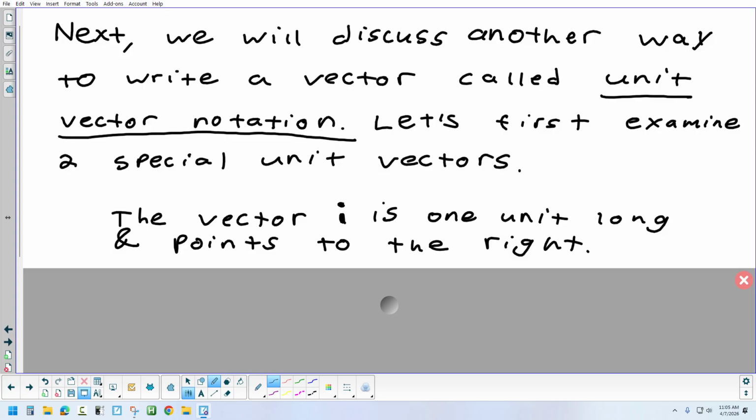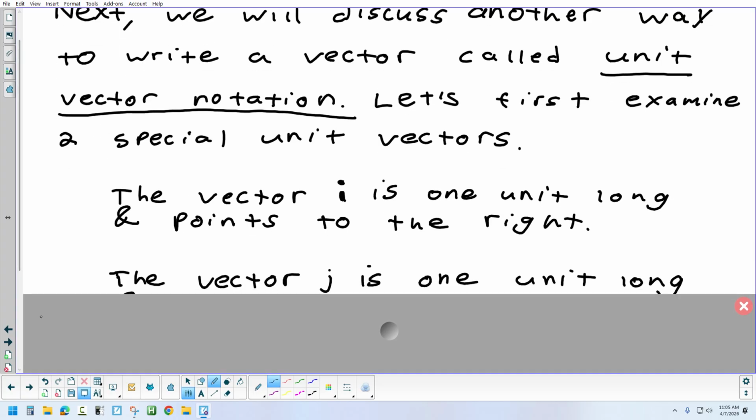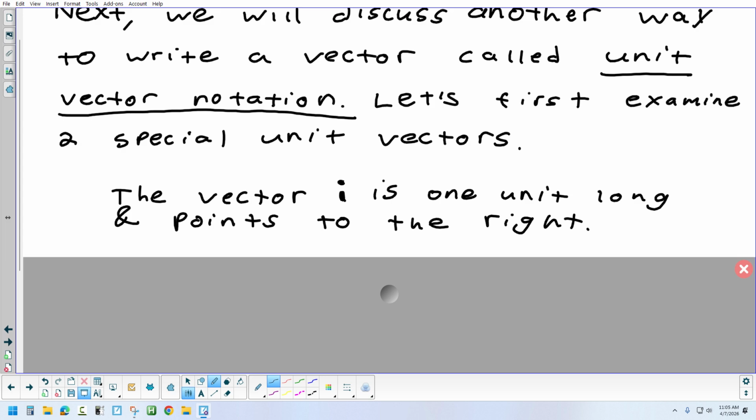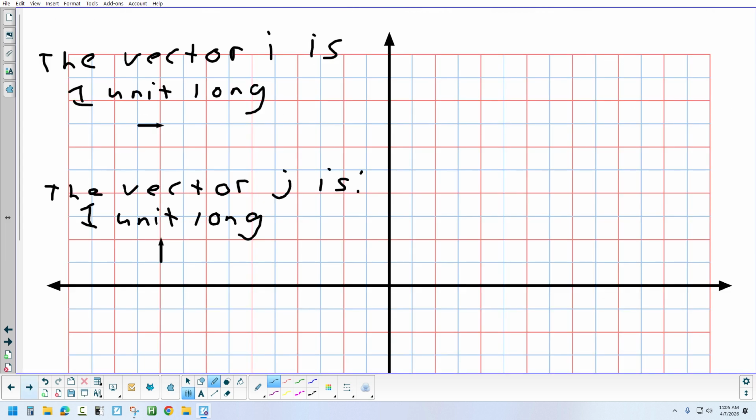So anytime you want to name a vector, you can pick a letter, but don't pick i. So i is the vector that is 1 unit long, and it points to the right. There's a picture of i. That's exactly what i looks like. 1 unit long, and it points to the right.